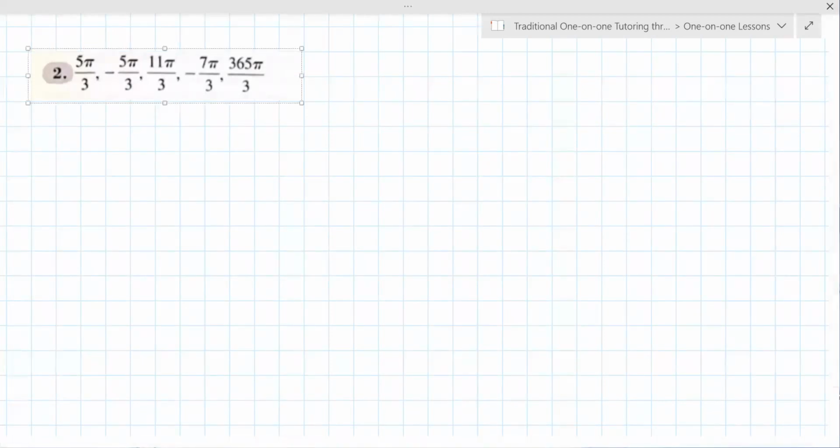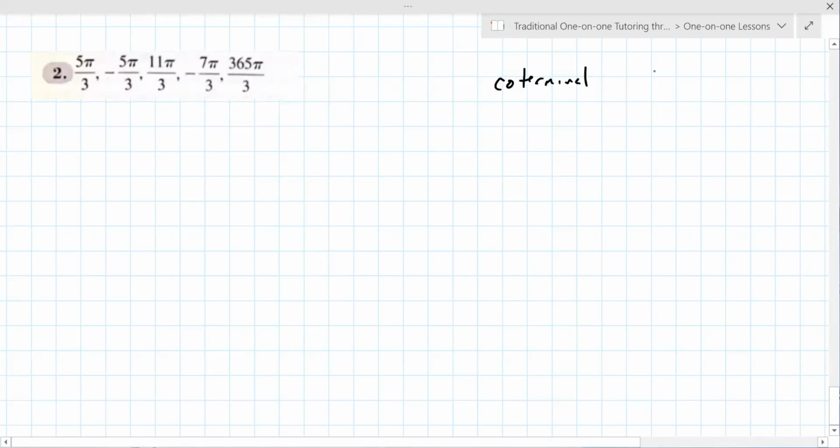Okay, so it's coterminal, and it's easier when it's in degrees, but it's coterminal when you add or subtract 2 pi. And it's easier when it's in degrees because you add or subtract 360. Okay. So because they're all over 3, you're really adding or subtracting 6 pi over 3, because that's 2 pi.